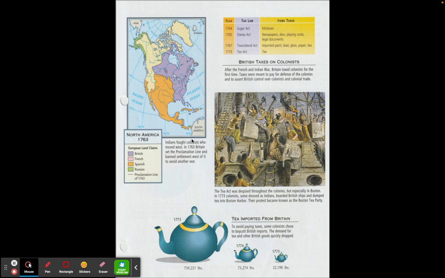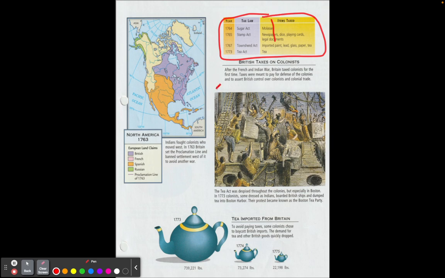And this here just shows where, once again, European land claims were right after the conclusion of the French and Indian War. And up here, you have just another little chart, as much condensed from the one I just showed you previously.